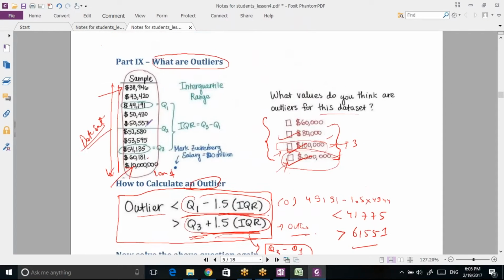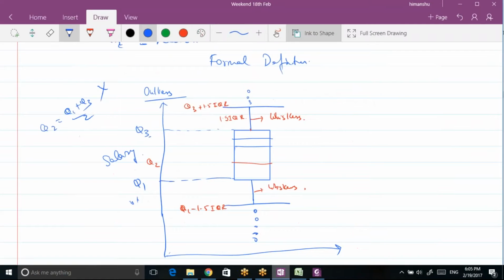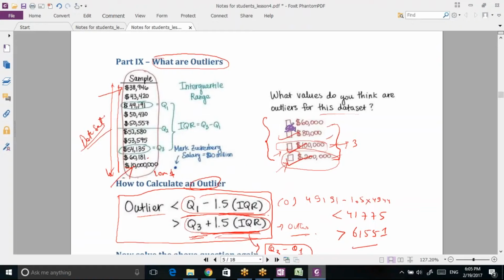If you see here, what is my Q1? 49191, right? My Q3 is how much? 54135.